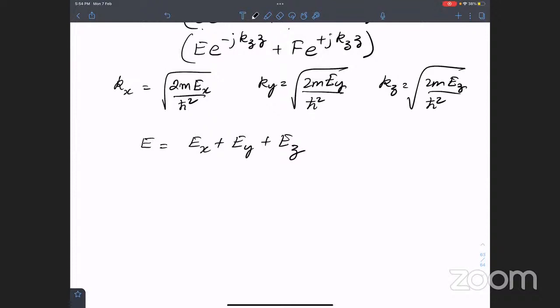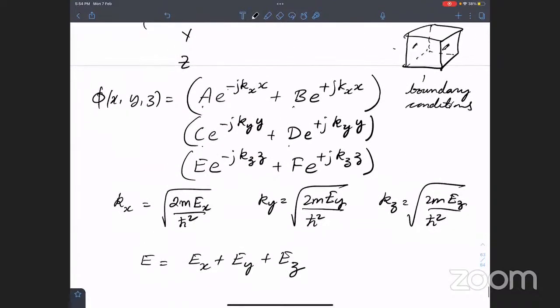Okay. Why not potential energy? Because we are solving for a potential box where inside the box, we know the potential is 0. So it cannot have any potential energy. Okay. So this is clear to you. So I now express my final wave function in 3 dimensions in terms of its energy values in the x, y, and z directions separately.